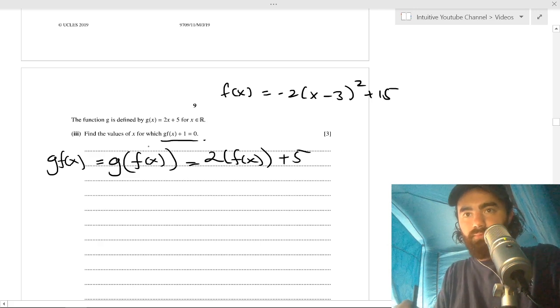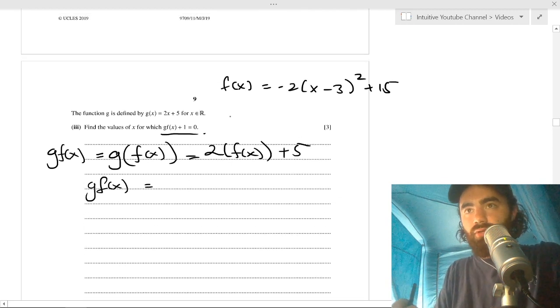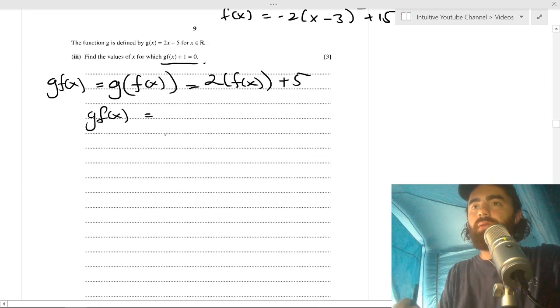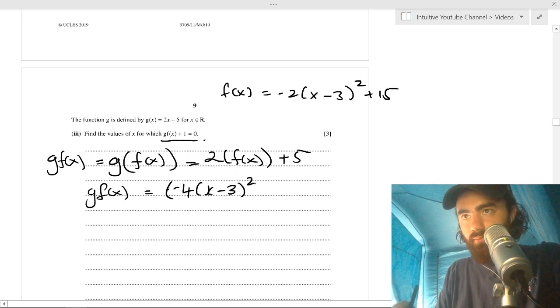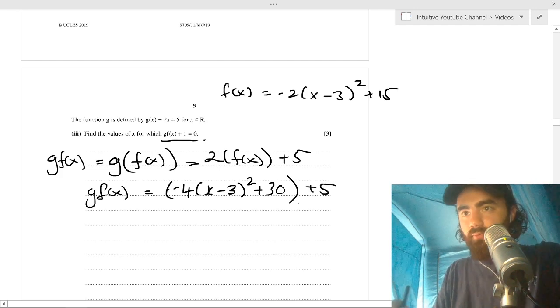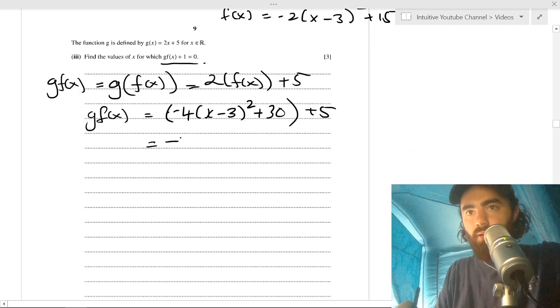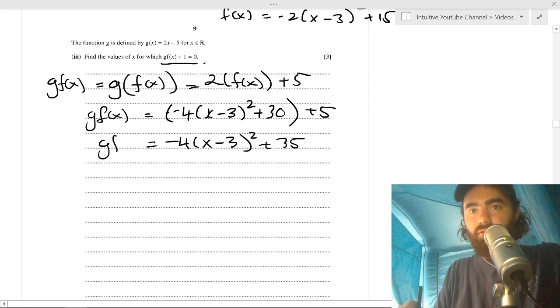So g of f of x equals 2 times all of this, which will be minus 4 (x minus 3) squared plus 30, and then plus 5, which gives us minus 4 (x minus 3) squared plus 35. So that's our g of f of x.